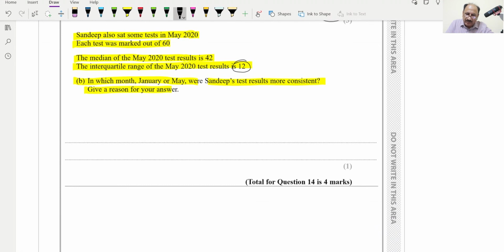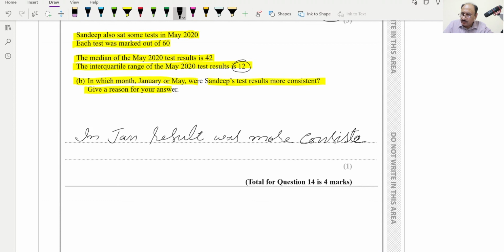So the result was better, more consistent, in Jan, as having a lesser interquartile range.